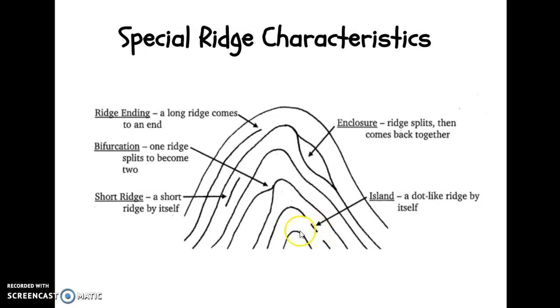It's different from the short ridge, because the short ridge is fairly long. An island is just a little dot. You can see this is a very enlarged fingerprint, so you can see these special characteristics. An island is a very tiny little spot, and you might be able to find some in your own fingerprints.